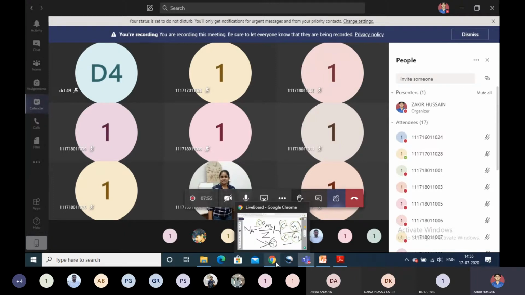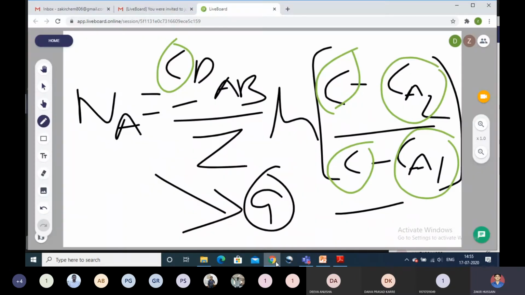Okay, then we will start. In the morning session we derived the main equations, as you can see on the whiteboard.